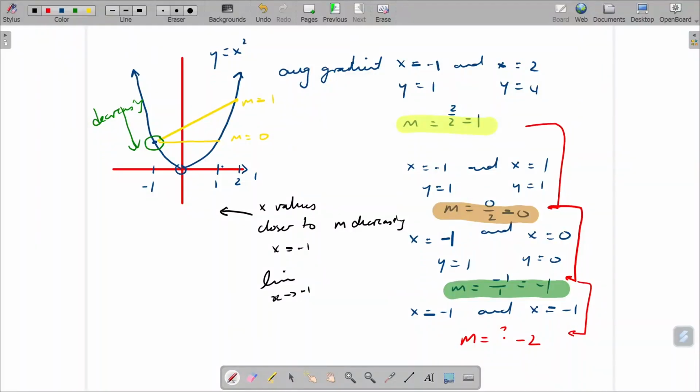And it's not just a problem we can deal with easily. What we actually have here is a much bigger problem than that. So what I'd like to look at is what the problem actually is. Because if x equals -1, I'm going to have y equals 1 and y equals 1. So m will be 0 over 0, which is such a weird thing that it's not even undefined.